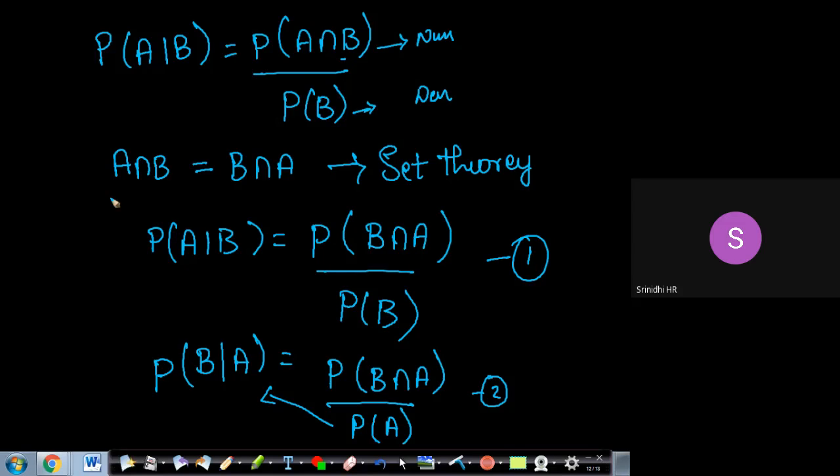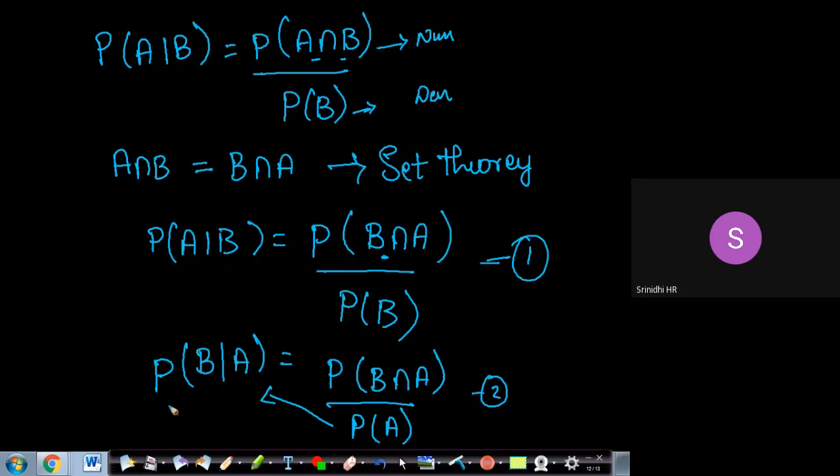I'll consider your numerator, A intersection B. If I apply set theory, A intersection B is equal to B intersection A. So probability of A given B is equal to probability of B intersection A divided by the denominator, which is the same. I'll call this equation 1.